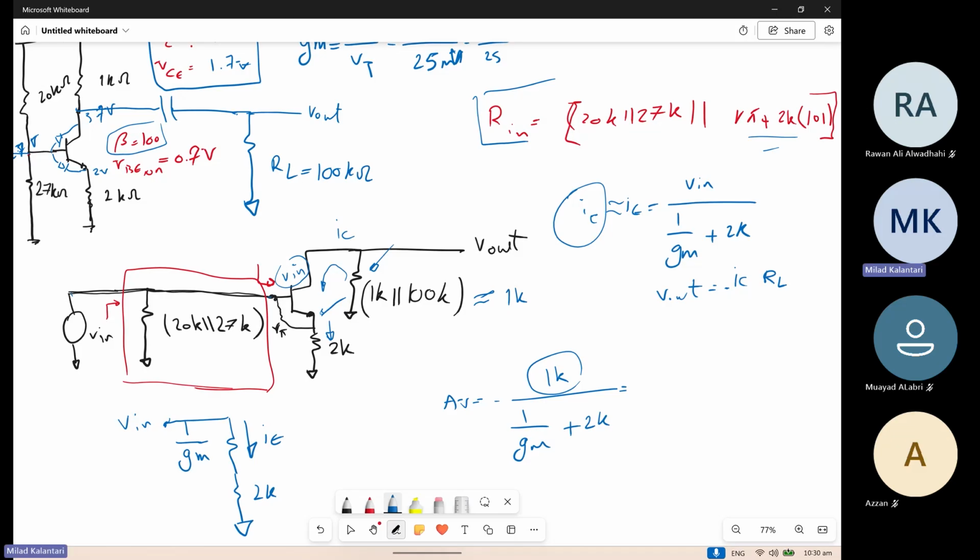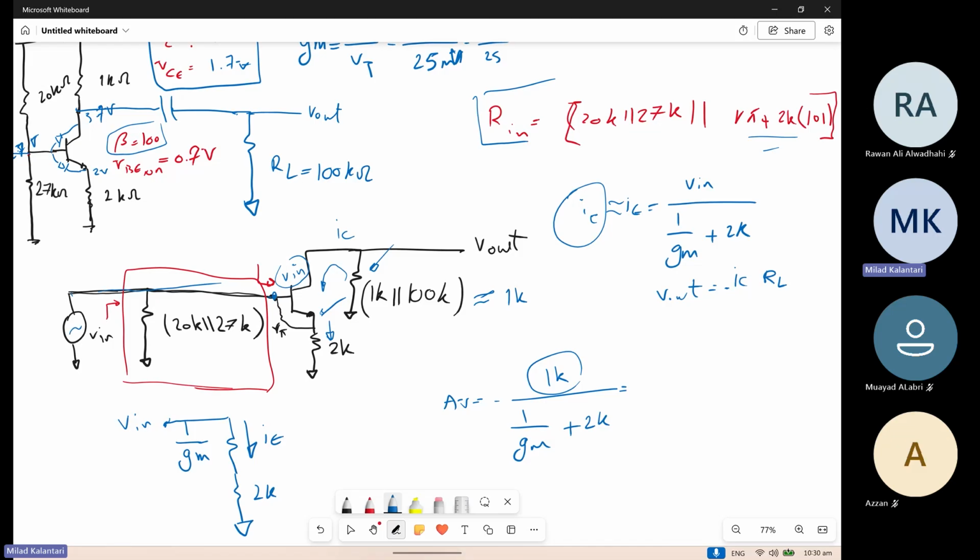Is this clear? If you need, we can go again. So how are we solving? First of all, we know that Vin is at the base, because it's just connected. Vin just comes to the base, right? Fine so far.